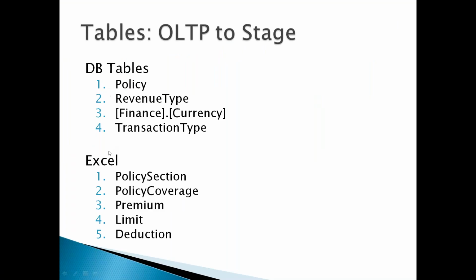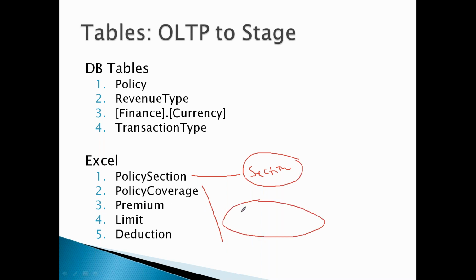If you remember, policy section is an Excel sheet that you can use. And we have one more Excel sheet that is going to have all this data. So we have one Excel and this is the second Excel. The second Excel is going to have all these sheets. We have to get the data, and all the data from here has to go where? It has to go to the staging. Clear? That is what we're going to be doing later.